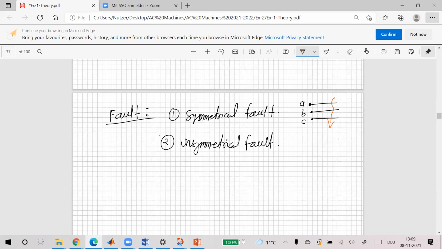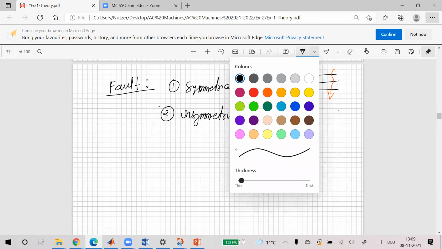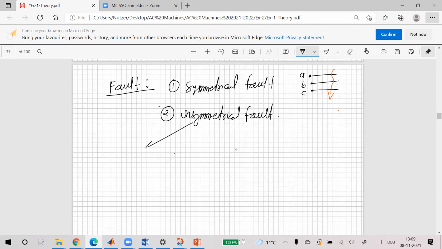Unsymmetrical means it can be a short circuit between one phase and another phase. There are many faults, so let's list them out. In this we have one phase to earth fault, two phase to earth fault, and then of course we have a two phase fault.